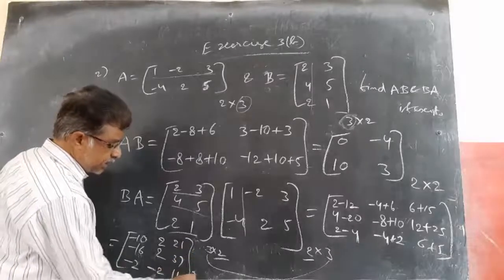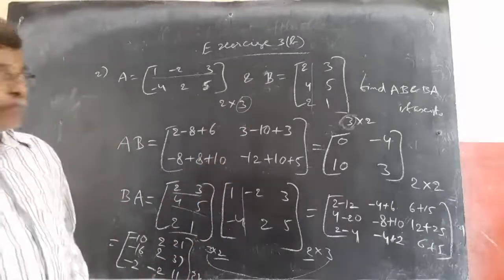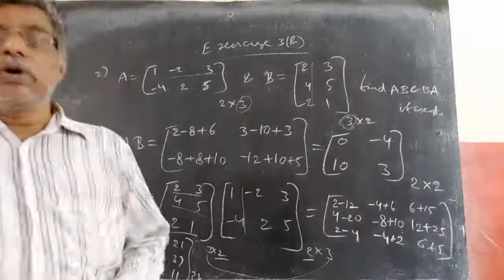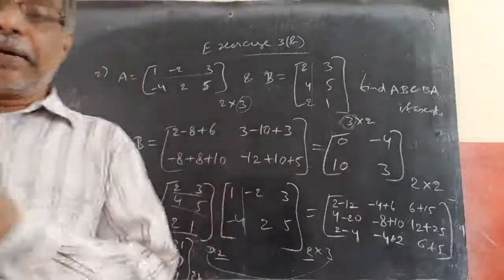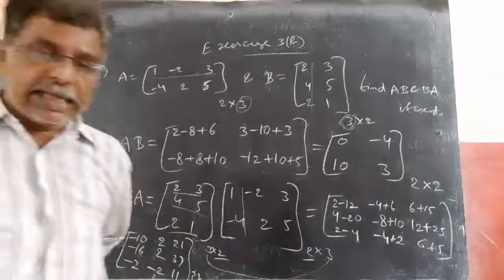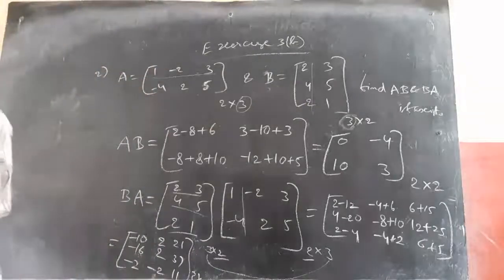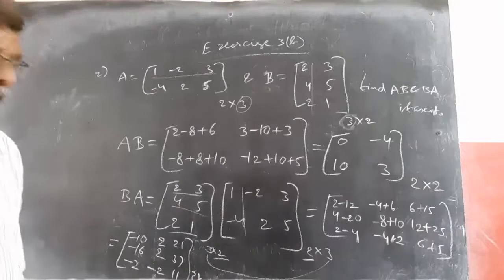So this is 3 by 3, but that is 2 by 2, not at all equal. So AB not equal to BA, observe. We found AB and BA, but both are not equal. So like this, AB need not be equal to BA.